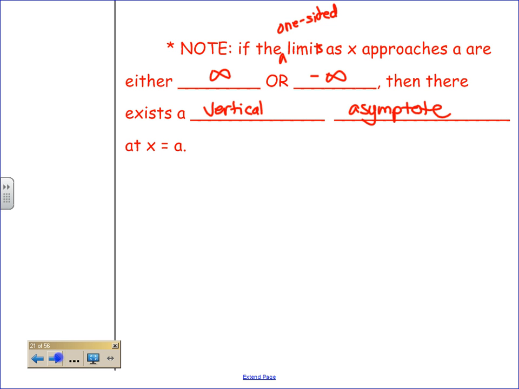So in number 16 and number 22, to some extent, you're setting up a table for whatever function they have given you, and you are plugging in different values. For number 16, they're telling you how to approach negative 1.